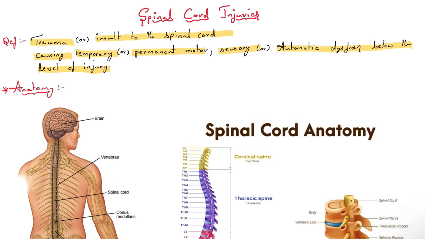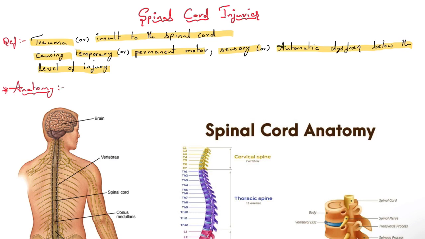So if anyone asks what is meant by spinal cord injury, we can easily say: damage to the spinal cord that results in loss of function, because the spinal cord is very important for our motor, sensory, and autonomic nervous system. Everything is based on the spinal cord. If anything happens to the spinal cord, it will cause loss of functions.